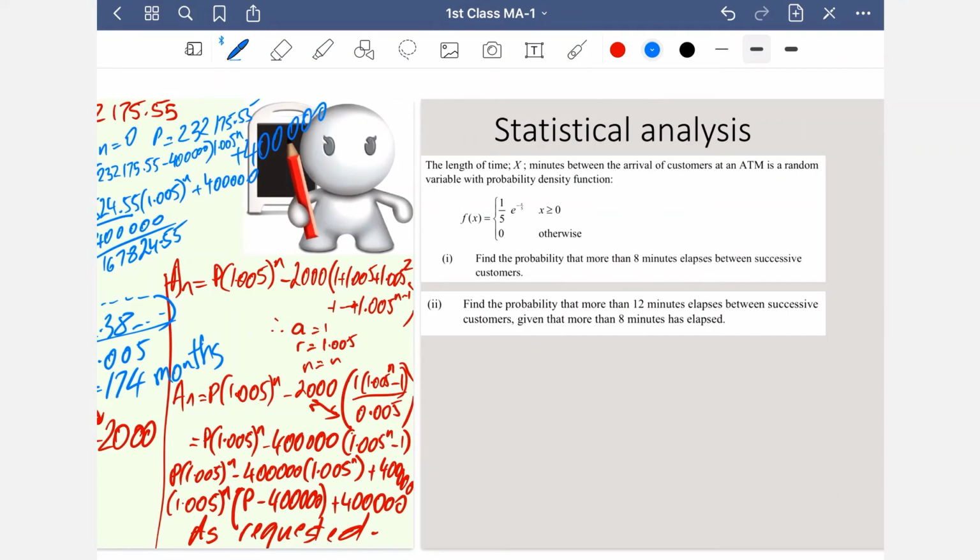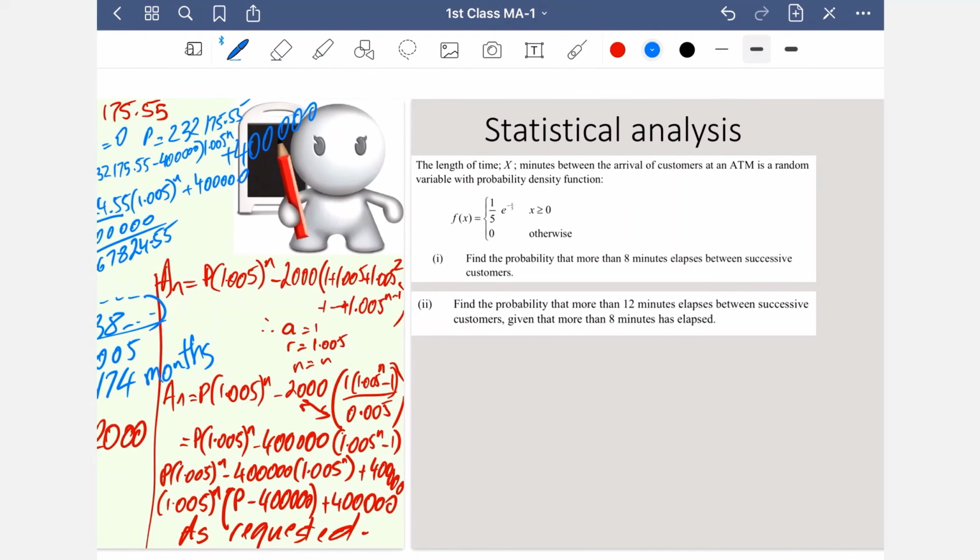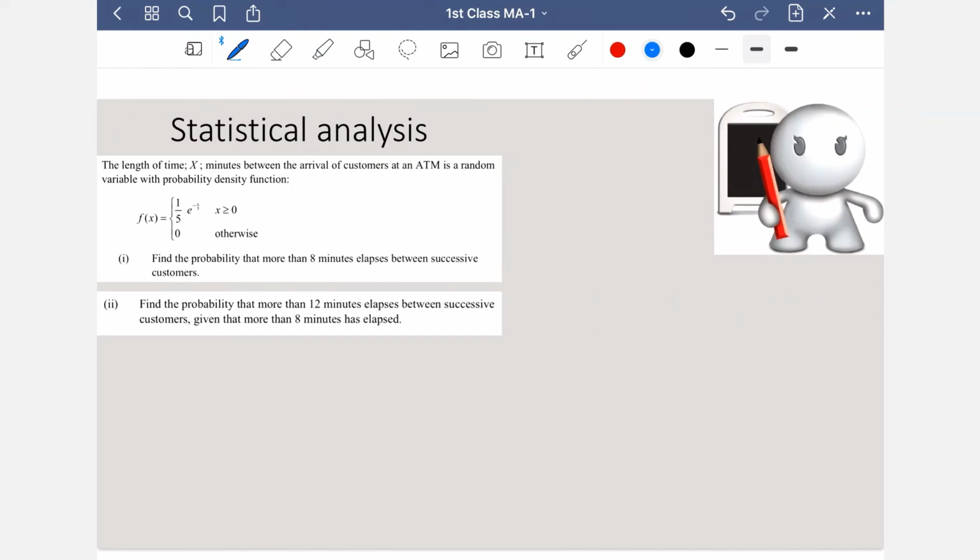Okay, last topic, and we're nearly there, guys. So the last topic, we're having a look at our statistical analysis. Okay, and what we have here is the length of time, x minutes. Now straight away, when I read that, length of time, I need to ensure that this is going to be continuous.